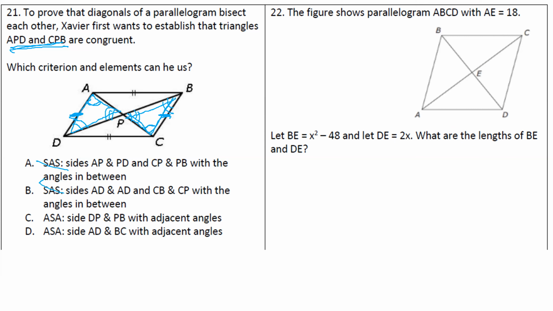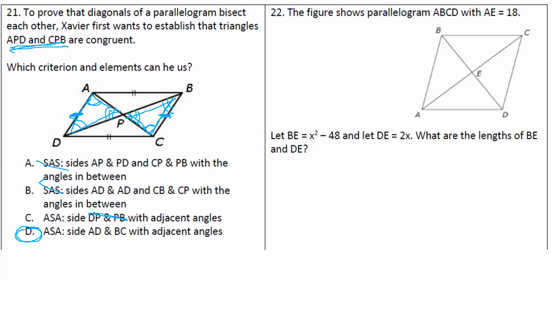So can't be A or B. That leaves us with C or D. Now, notice the sides that they're using. The first one uses DP and PB. Are those sides labeled? No, can't be that one. AD and BEC, those are the two that were labeled as being congruent at the beginning. So D is our only one that could be our correct answer.